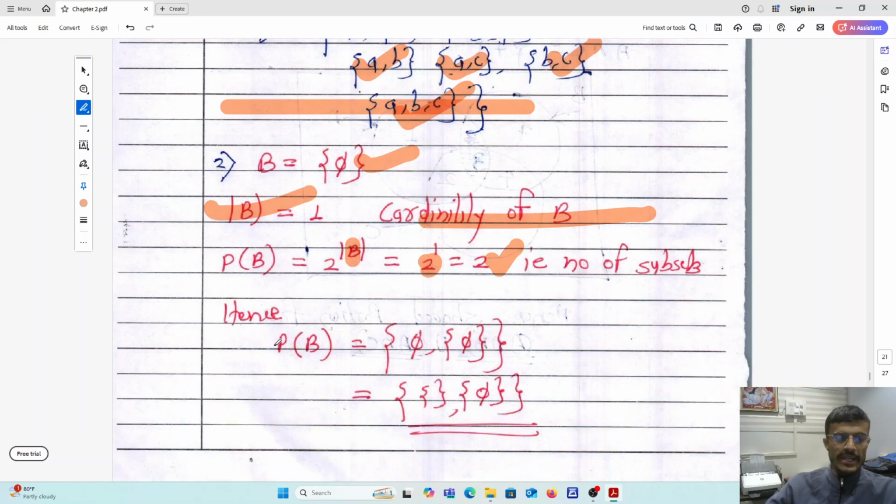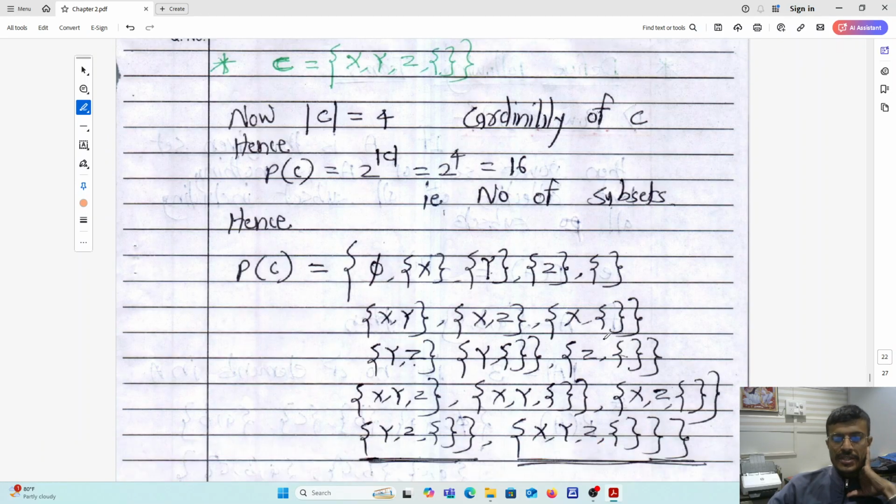So hence you can write P(B) = {phi, {phi}}. This phi and this phi have different meanings, or it is also represented as {} and {phi}. That is the power set of B, where B is equal to {phi}.